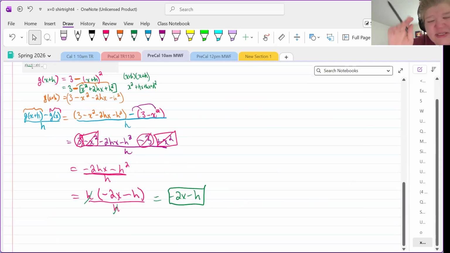So I went from a crazy fraction with a whole lot of terms, and then this extra divided by h, canceled some terms, everything left over had an h I could factor out and cancel. I have my final result. You need to do all of those steps, simplify it down so the h cancels.